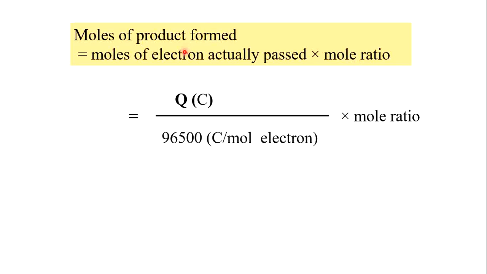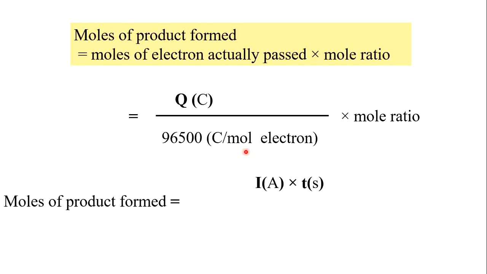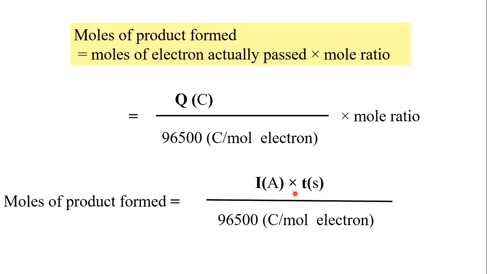That gives you moles of product formed. And since Q means I into t, moles of product is equal to I into t divided by 96,500 into mole ratio. So if you know the current in ampere, time in seconds and mole ratio, then you can find out the moles of product formed.